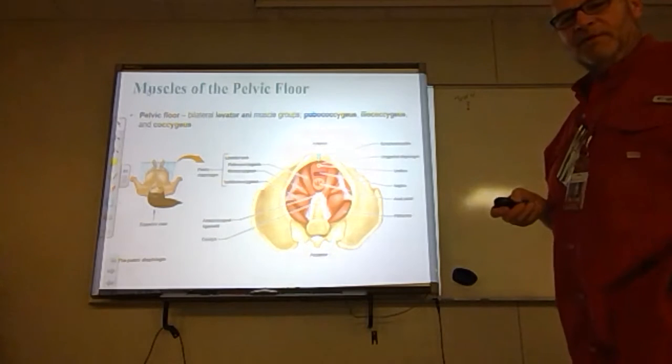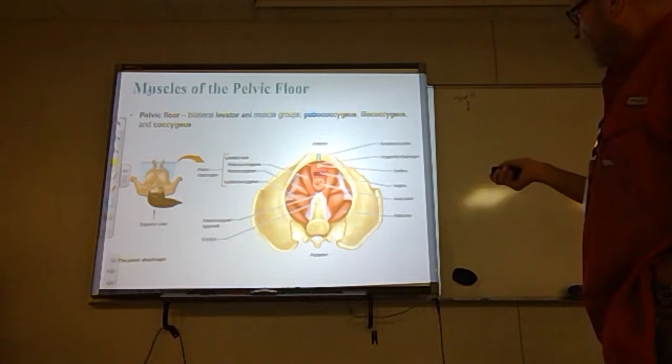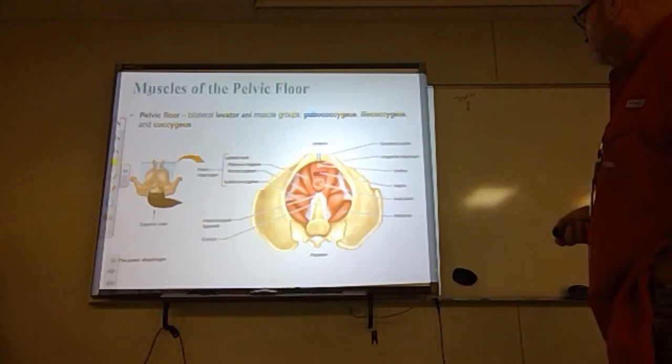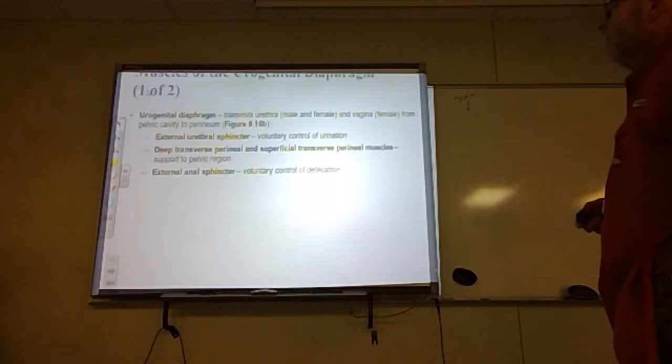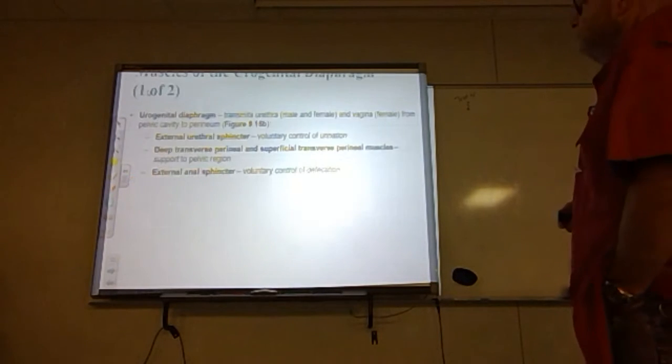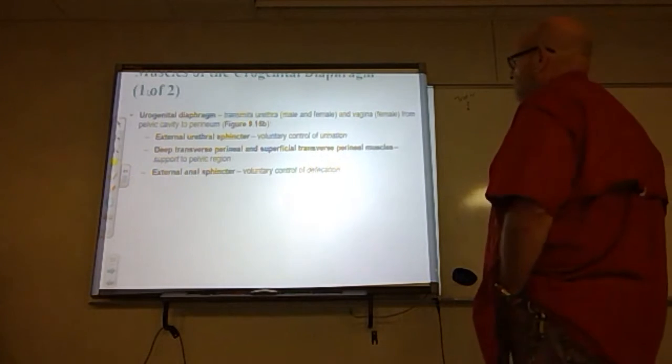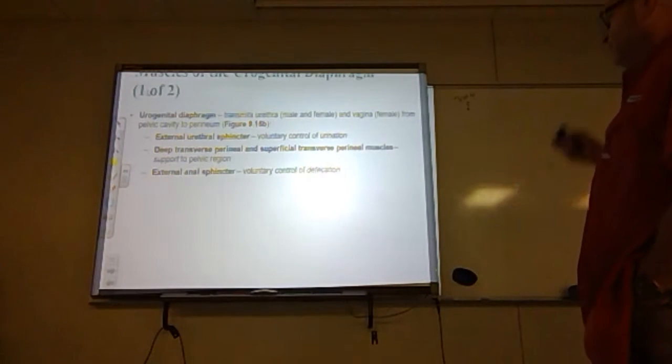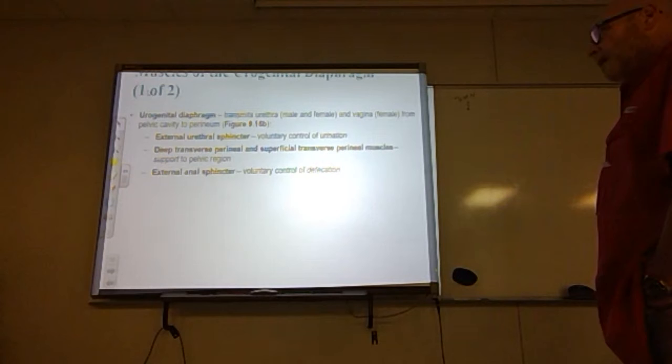I will hum the Jeopardy theme. The more rounded shape is one of the characteristics. Okay, the urogenital diaphragm transmits the urethra, both male and female, and the vagina, female, through the pelvic cavity to the perineum.